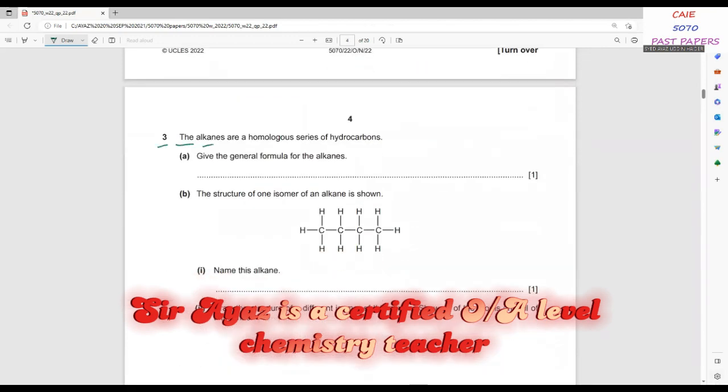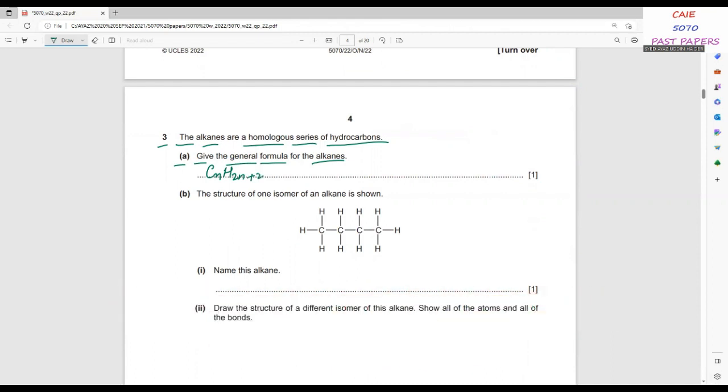Number 3, the alkanes are a homologous series of hydrocarbons. A, give the general formula for the alkanes. The general formula for alkanes is CnH2n plus 2. B, the structure of one isomer of an alkane is shown. Number 1, name this alkane.